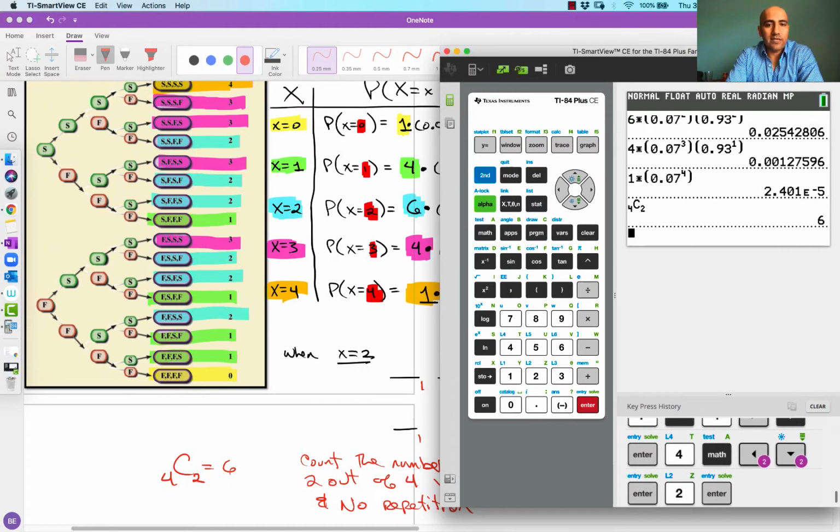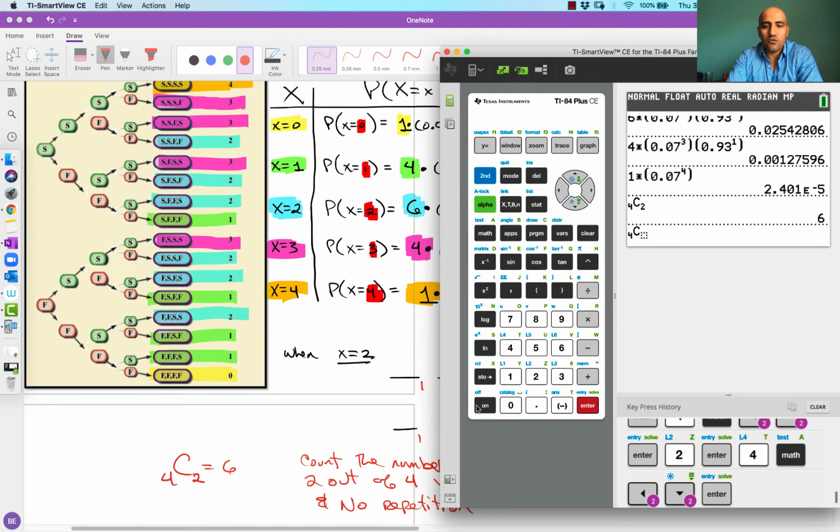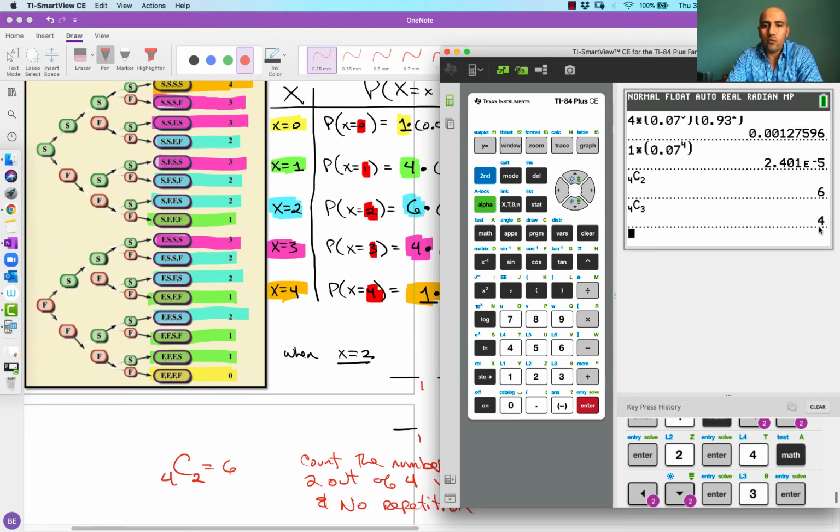And for the other one, for example, let's say this one, how many ways are there to get 3 out of the 4? So that would be combinations of 4 choose 3. Math, probability, down to combinations, choose 3. And you see that there are 4 ways to do that. That's how we can get this 4.